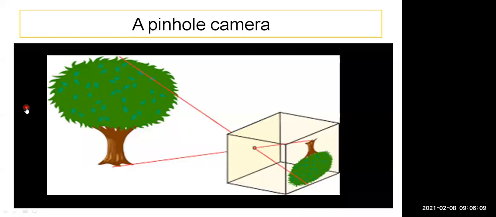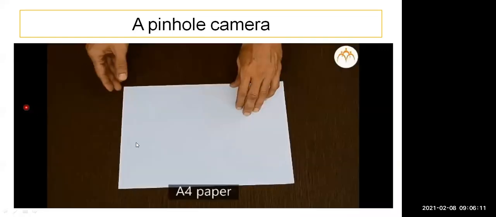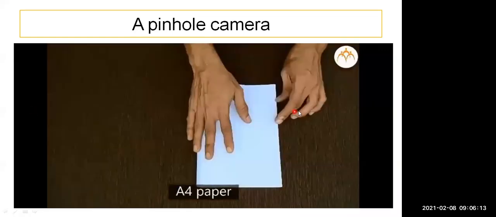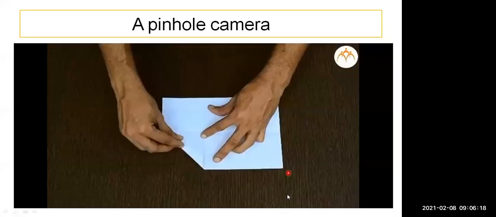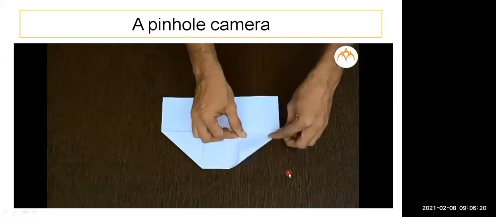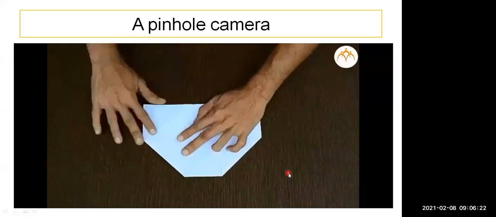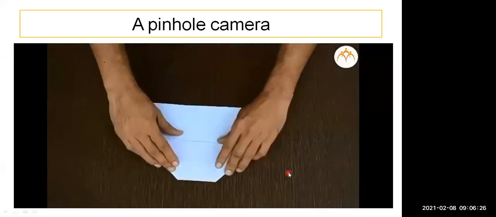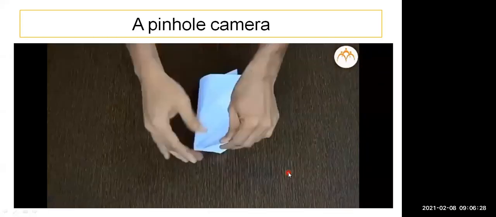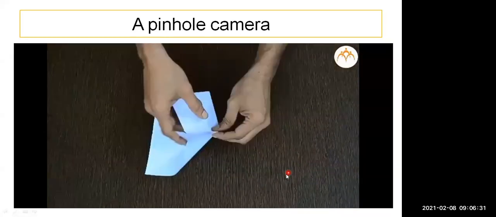Let's see how you can make a pinhole camera. You have to take a paper. This is how you can make a pinhole camera with the help of paper at your home.